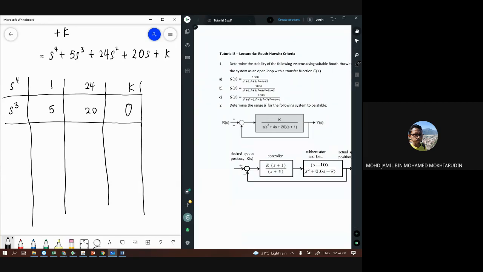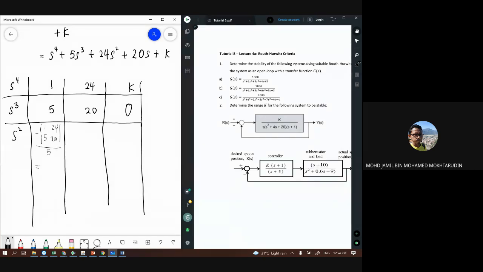And then we calculate for row S2. So for row S2, negative determinant of 1, 5, 24, 20 divided by 5.